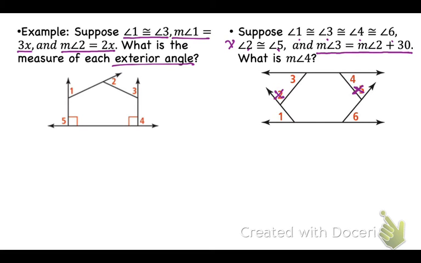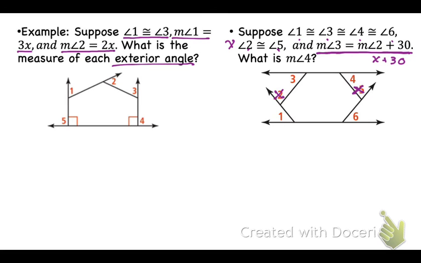And if we know that angle 3 is angle 2 plus 30, what did we just say angle 2 was? X. So wouldn't that be x plus 30? So we could write that on which angles? 3 and 4. Well, 2 and 5 are x.